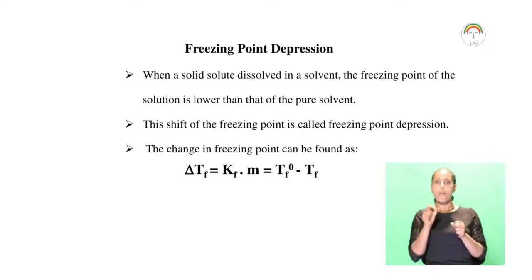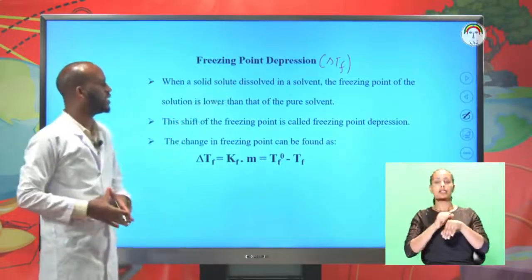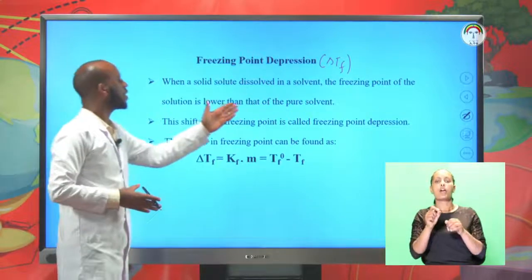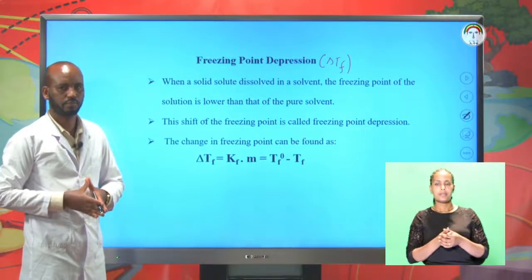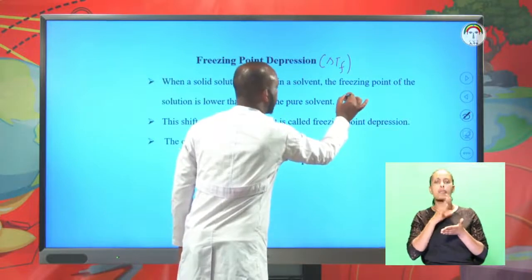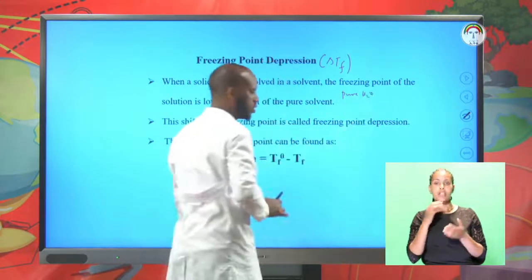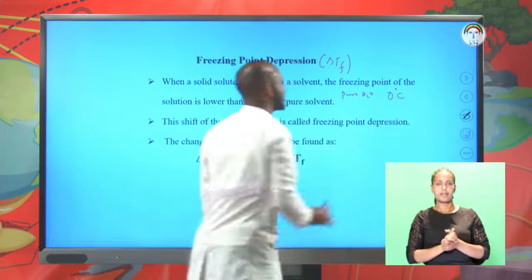Freezing point depression is denoted by the symbol ΔTf. When a solute is dissolved in a solvent, the freezing point of the solution is lower than that of the pure solvent. For example, pure water freezes at 0 degrees centigrade.